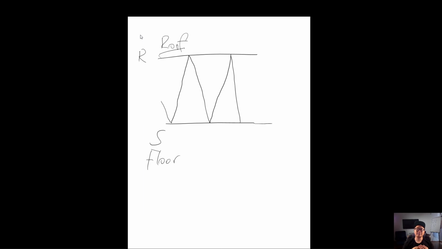So every time you bounce a ball off the floor, it bounces to the roof, okay? And when it bounces off the roof, it bounces back to the floor, okay? That's how I remember it, and slowly I started remembering support and resistance. But for the time being, if you have difficulty understanding it, just remember the floor and the roof, okay?